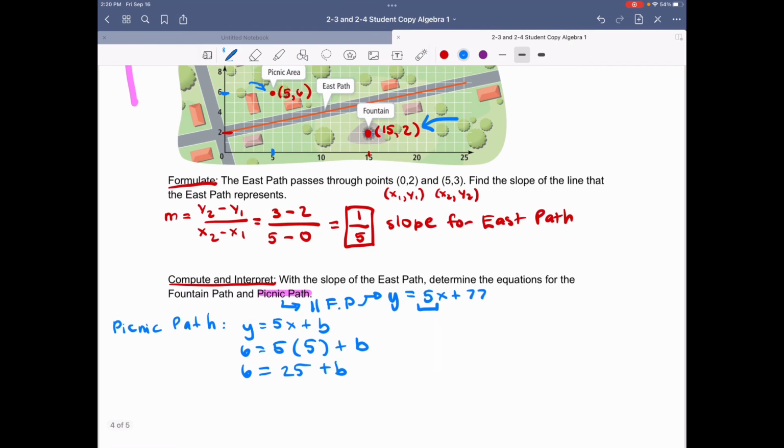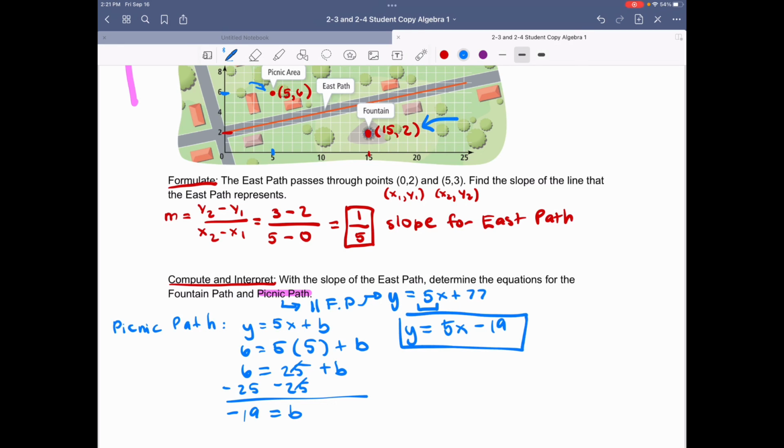The next step is to add 25 to both sides. Then it cancels each other out. And then 6 plus 25 is 31, and that's our b. And when we put this all together in our equation, we have y equals minus 5x plus 31.